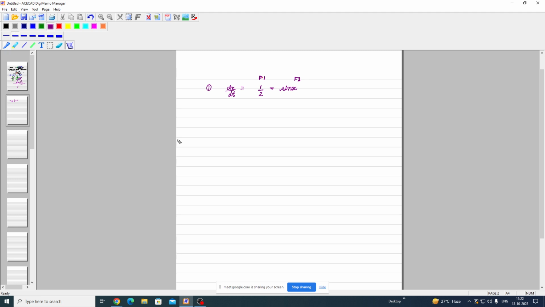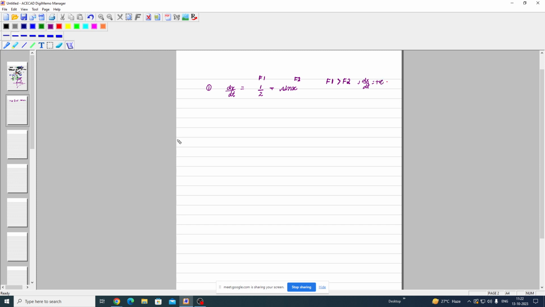If function 1 is greater than function 2, then dx by dt will be positive. Please note, this is for a situation where function 1 and function 2 are getting subtracted. If function 1 is bigger than function 2, then dx by dt will be positive.